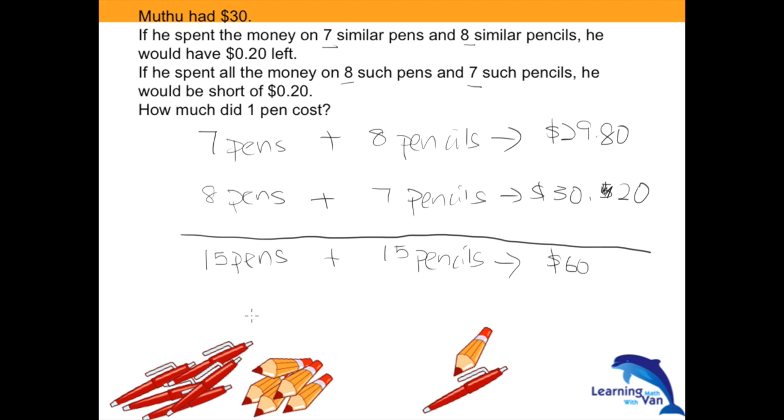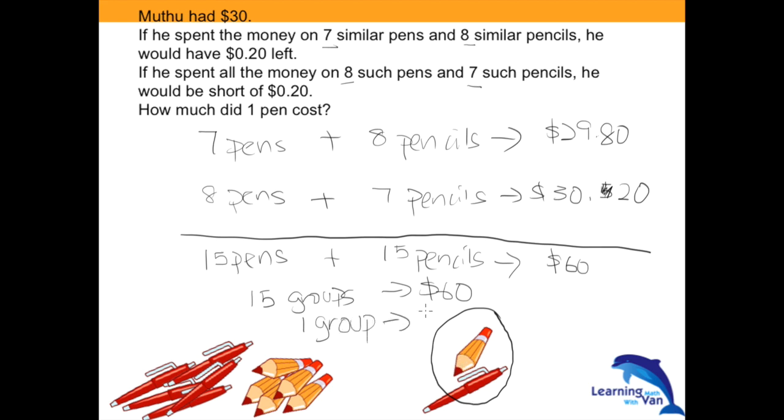So now, can I group them into one group of 1 pencil and 1 pen? So there will be 15 groups. So 15 groups of this 1 pencil, 1 pen, $60. So one group of 1 pencil and 1 pen will give you 60 divided by 15. Again, you realize beautiful numbers here, $4.